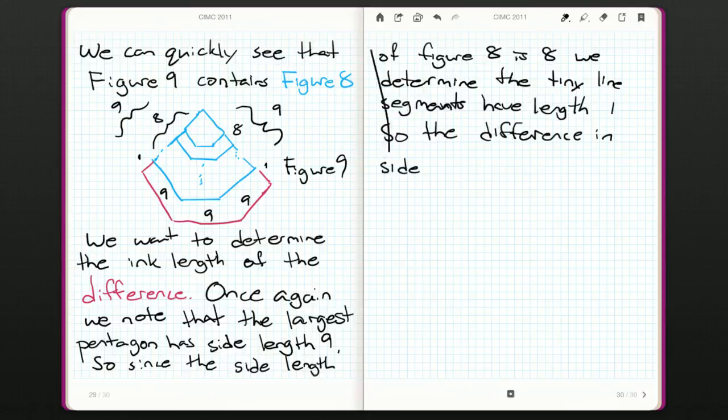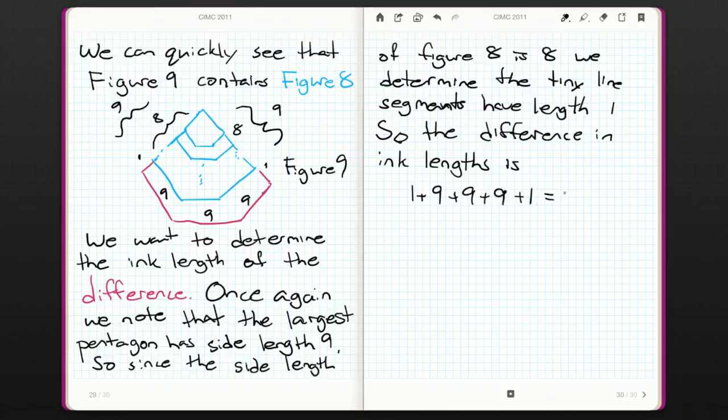So the difference in ink lengths, oops, whoa. Clean that up a little bit so we can put these notes online. So 1 plus 9, that's 10, plus 9, that's 19, plus 9, that's 28, plus 1, that's 29.